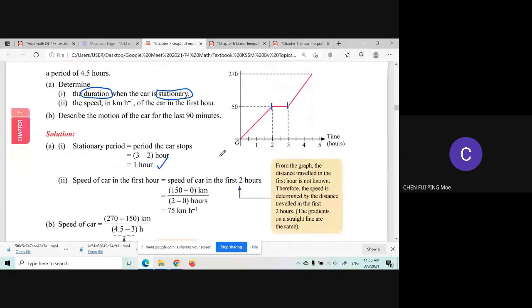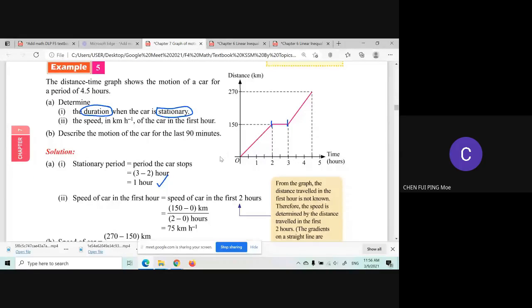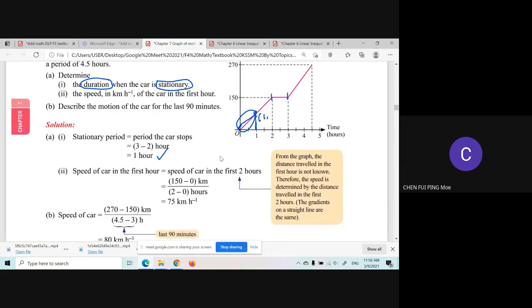Second question, A2. Determine the speed of the car in the first hour. Okay, the first hour is here. So for the speed of the car, we need to find the gradient of this straight line from 0 until here. This point is 1, and then what number? Actually you don't have a number here, right? So you can extend it and use this point. Why can we use this point?